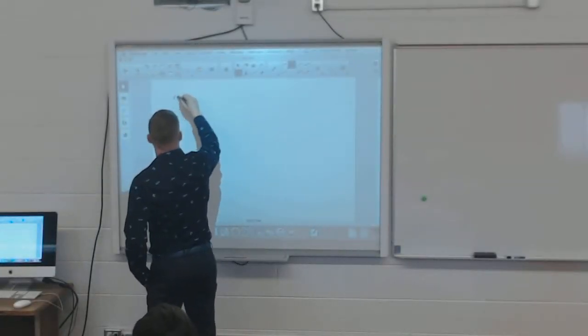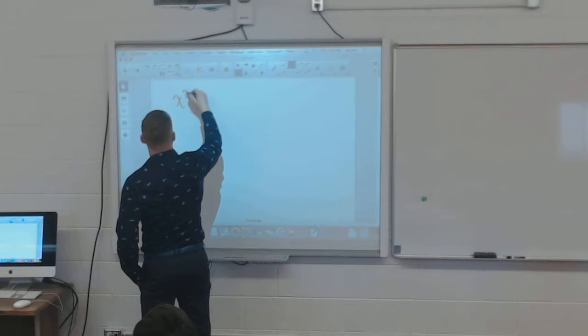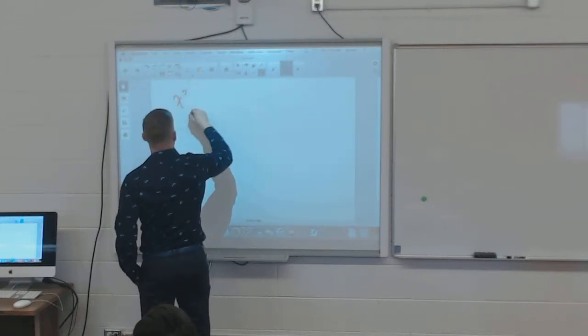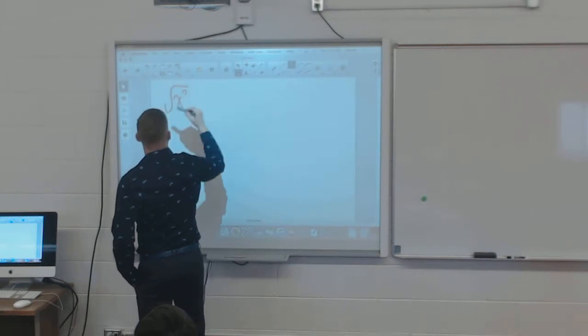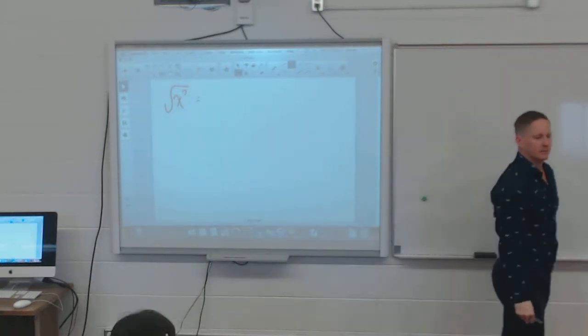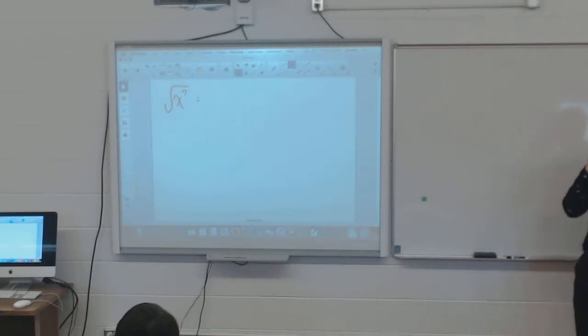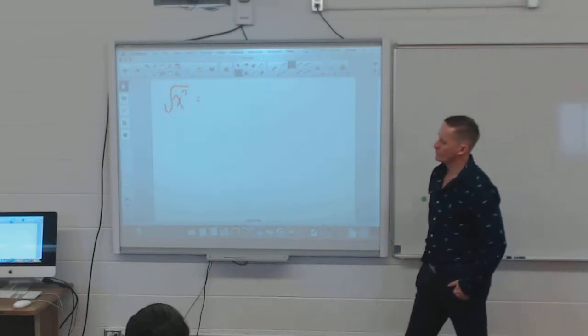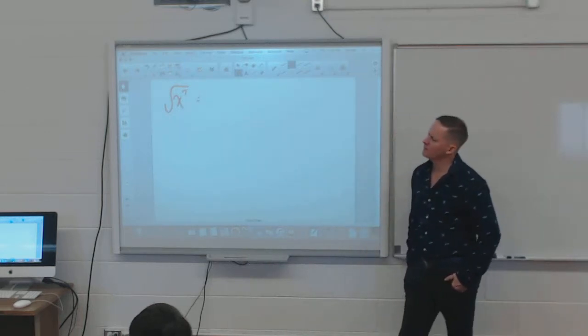Now, what if I have this? And I want to write that as a mixed radical. I have to write that as a mixed radical. Square root x, like, because you have to add the exponents.